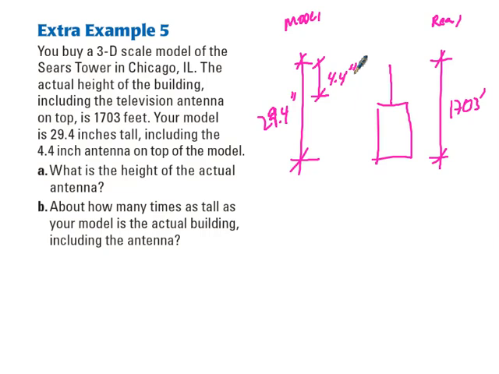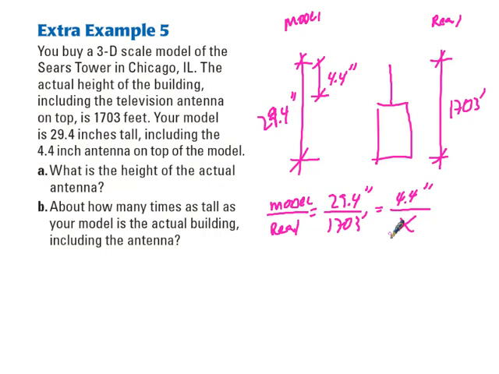So we could develop a scale here, model to real life, and we have 29.4 inches to 1,703 feet, and they want to know how tall the antenna is in actual life. So that's the model, so we'll go 4.4 inches over x here, and now we can cross multiply and solve.